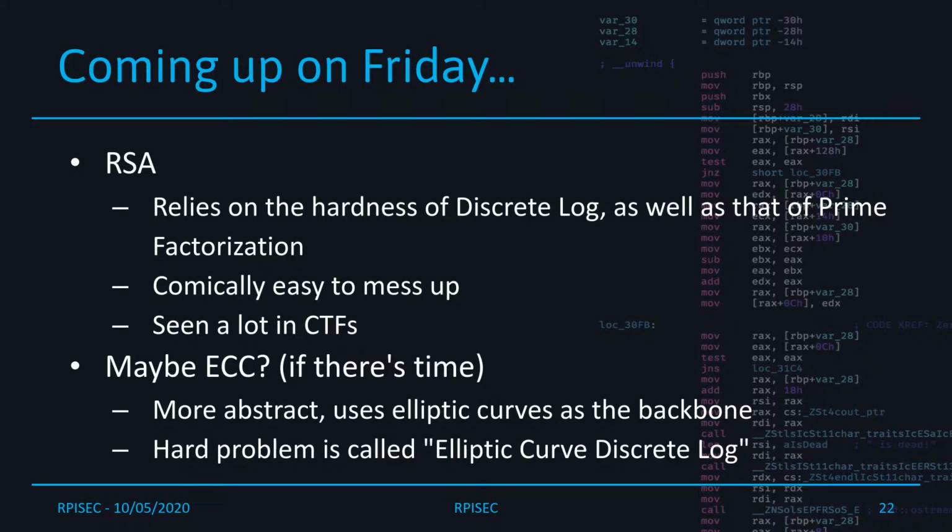And also on Friday, if there is time, then maybe we'll cover elliptic curve cryptography. And this is a scheme that's more abstract than RSA. It's a bit harder to wrap your mind around. It's based on elliptic curves, as the name implies. And the hard problem that this one relies on is known as the elliptic curve discrete log.